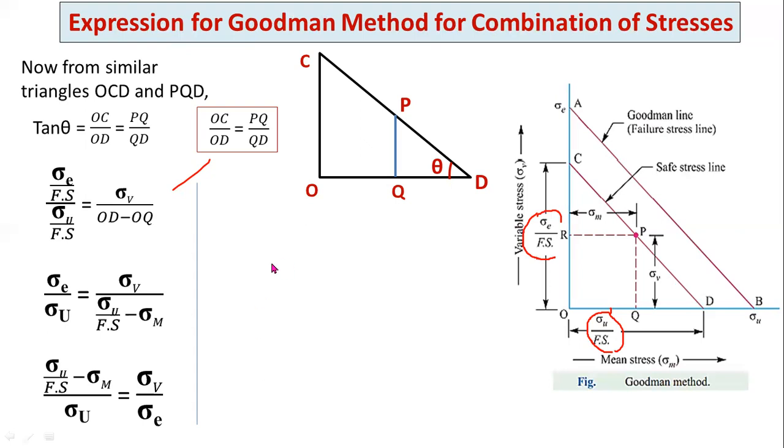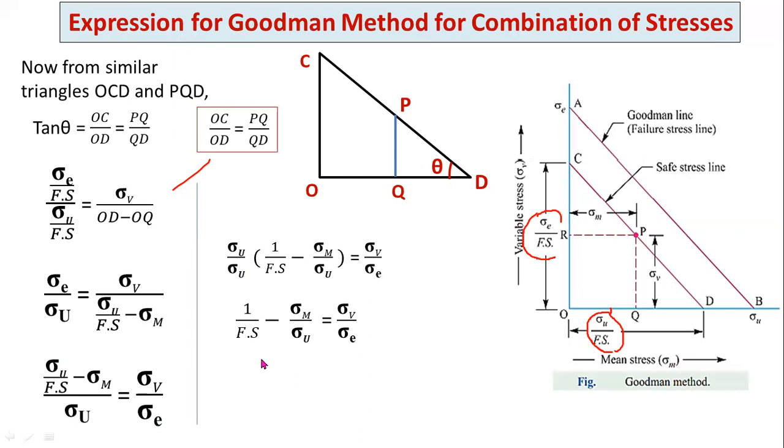That's why I am taking sigma U from numerator and denominator to the left side. So 1 by Fs minus sigma M by sigma U equal to sigma V by sigma E, after cancelling sigma U.